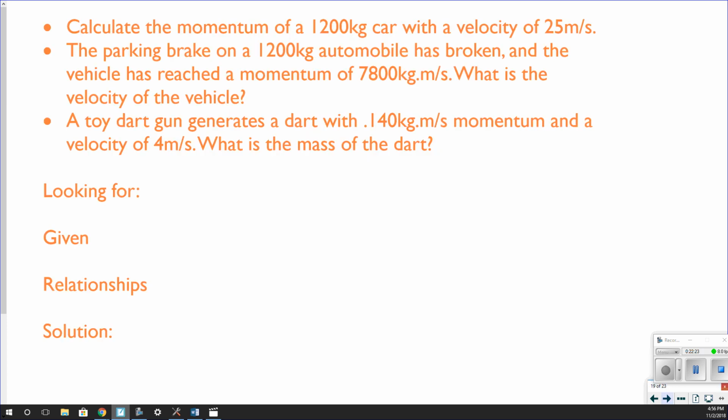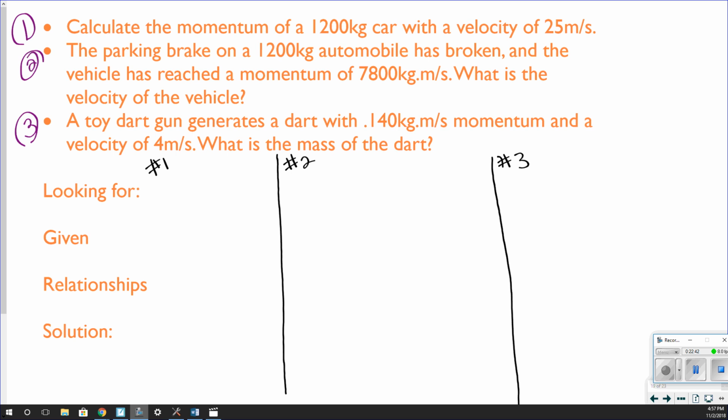So let's go through this example here. I'm going to go through the first one with you guys, and then you guys can do the second and third. You guys can do the second and third, and then come and check your work with me. For the first one, we're going to calculate the momentum of a 1,200 kilogram car with a velocity of 25 meters per second.